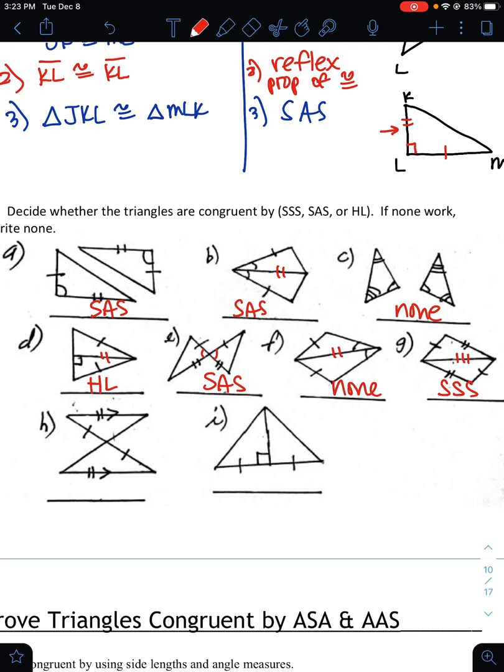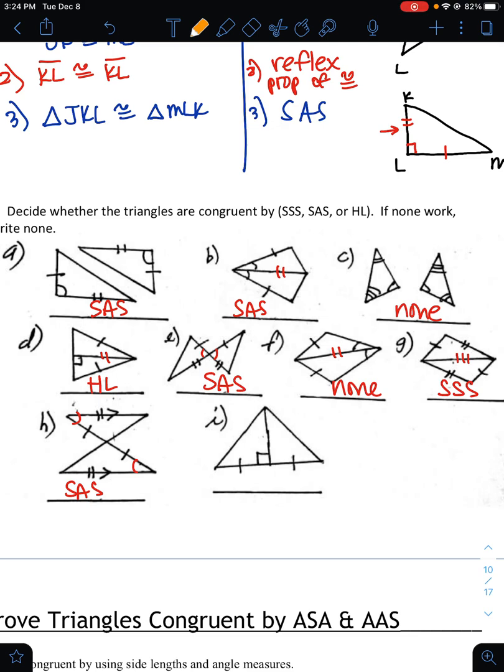Okay, I think you could have a couple potential answers here maybe. Let's see. If I mark these alternate interior angles, that gives me side angle side. What about, I see vertical. I don't know if that's going to help me. It'll help me with something we haven't talked about yet, so I'm going to back off of vertical.